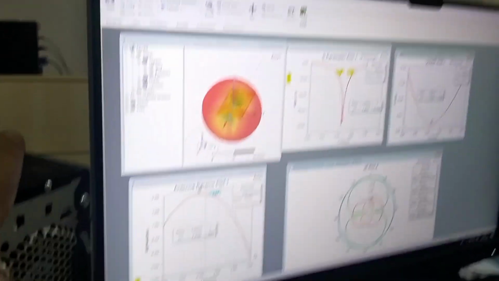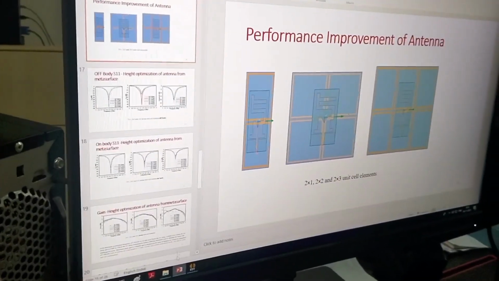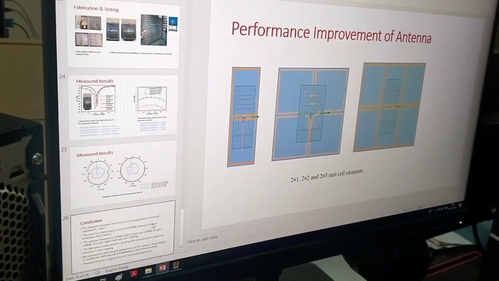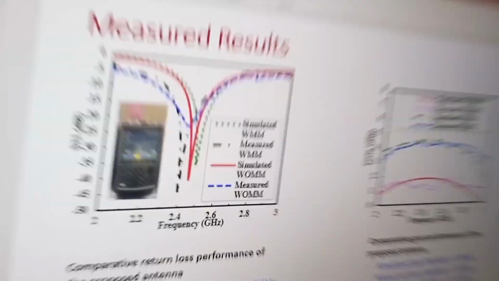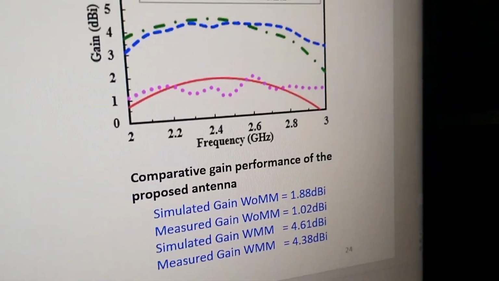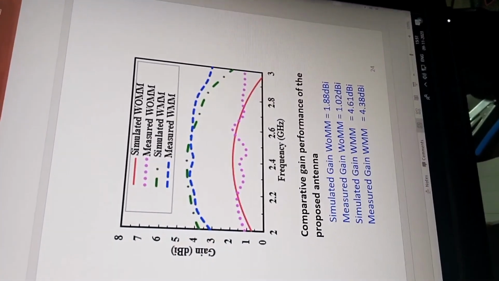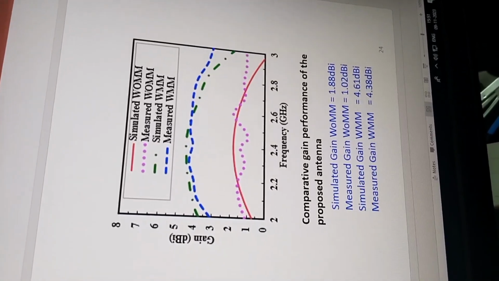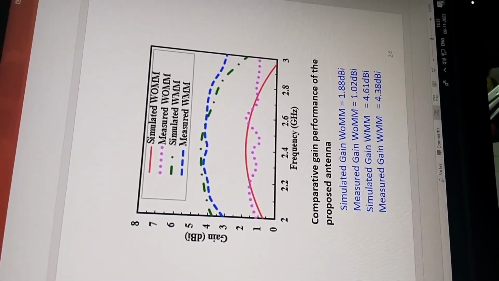The gain after using metamaterial has been improved to 4.61 dBi. Earlier it was 1.9. So there is a considerable improvement in gain as well as reduction in SAR.